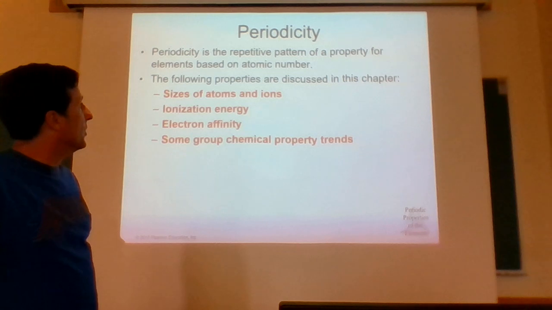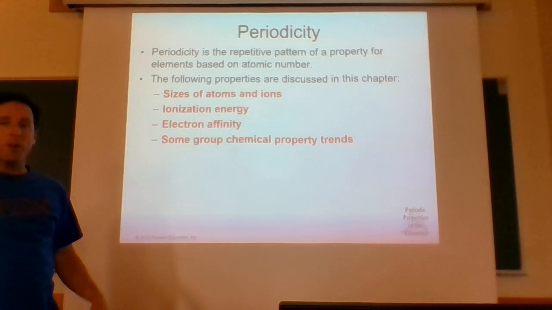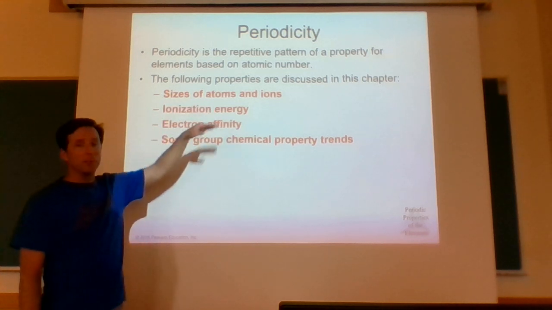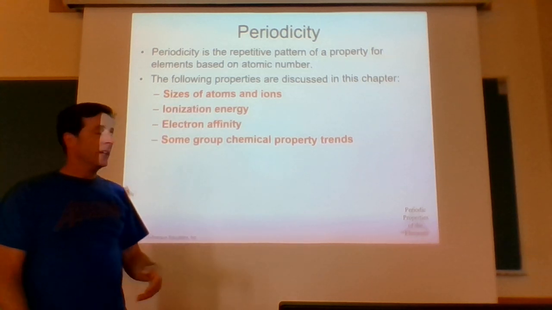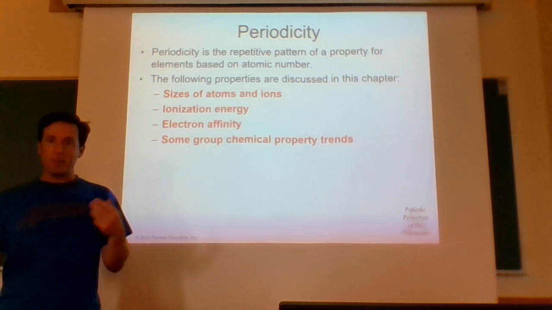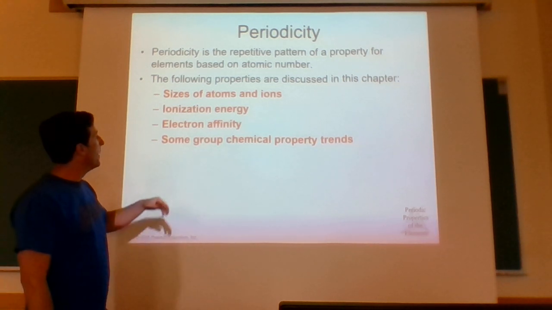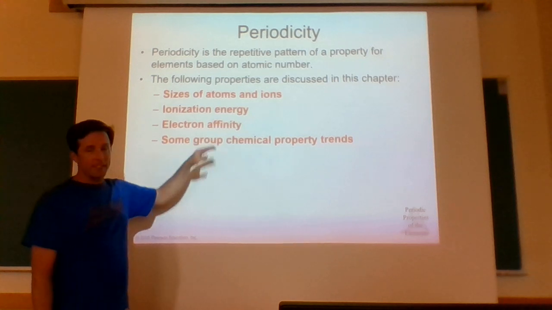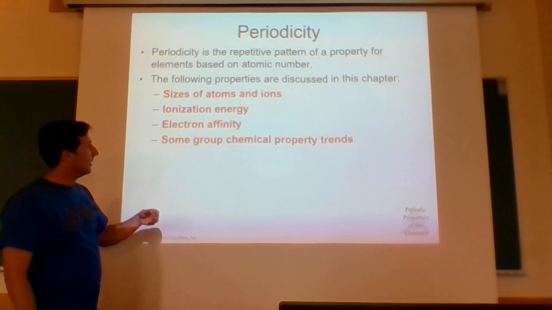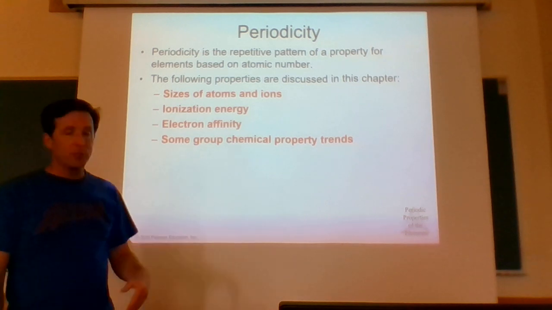The specific properties that we're going to focus on in this PowerPoint are the size of atoms and ions, which is referred to as atomic radius. We're going to talk about how much energy it takes to remove electrons and how you can compare different elements in that way. Electron affinity is how much energy it takes to add an electron to an atom. And then some other general property trends that we see.